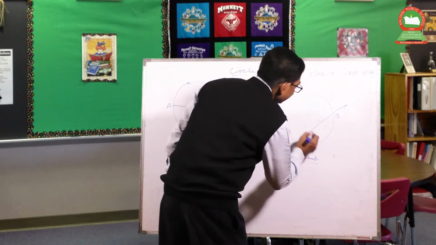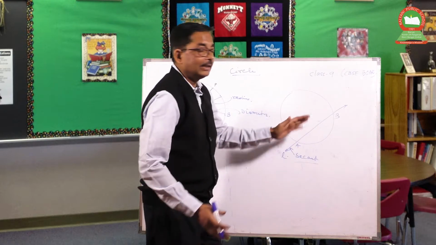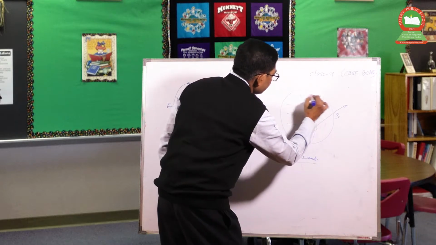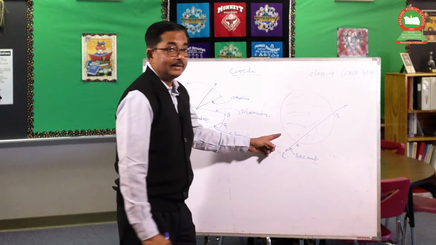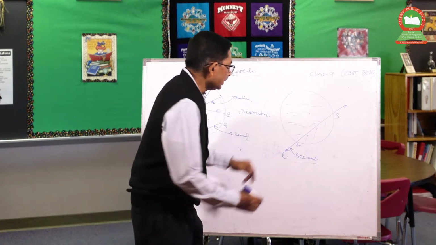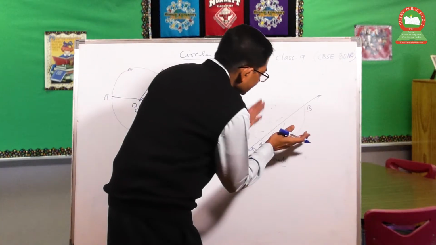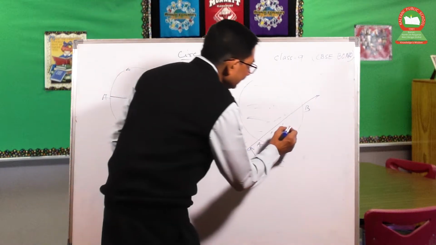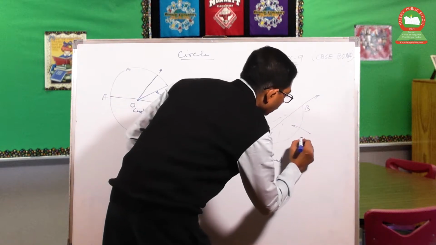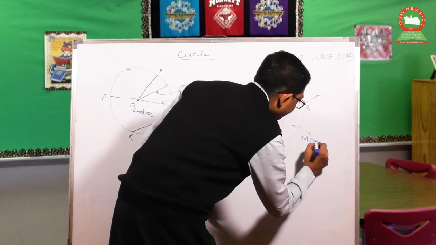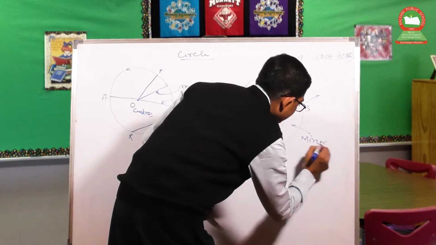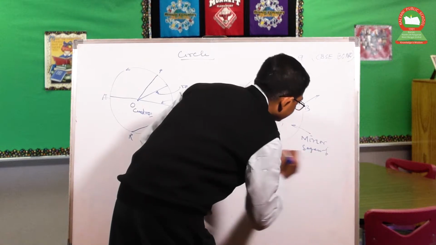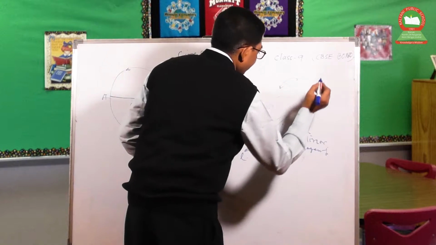Now this secant divides the circle into 2 parts. If the secant does not pass through the center, the circle is divided into 2 unequal segments. The smaller part is called the minor segment of the circle, and the larger is called the major segment.